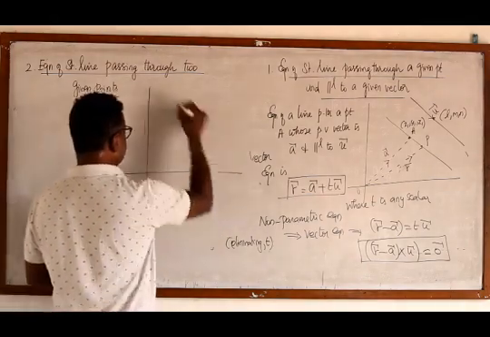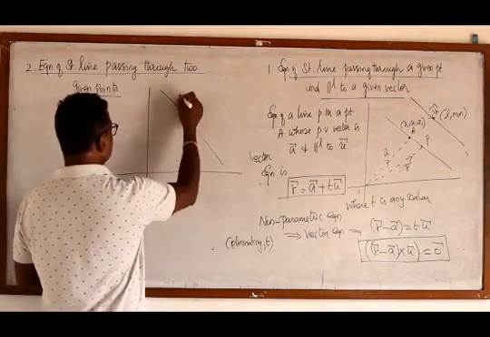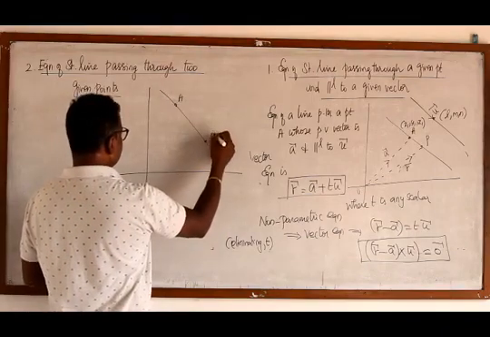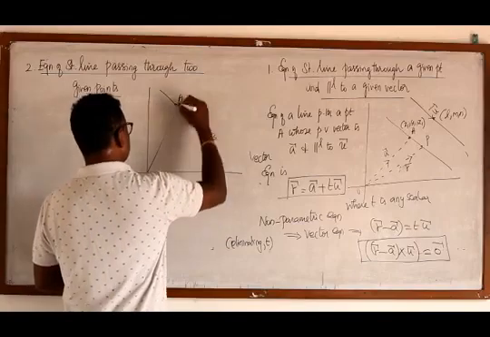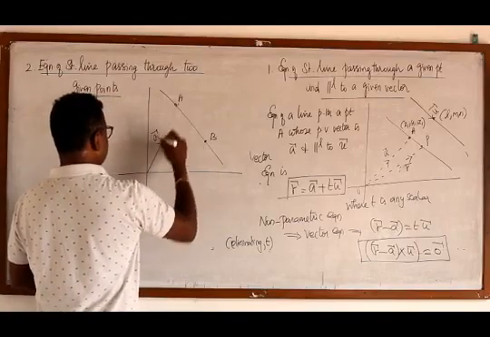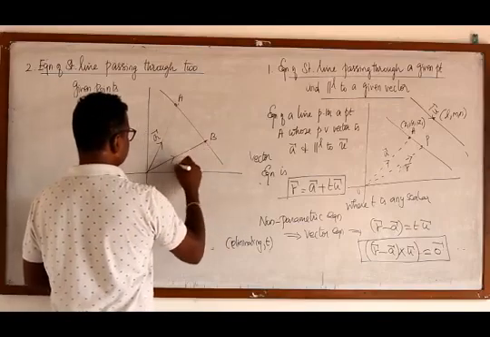I am having a straight line passing through 2 points A and B, whose position vector of A is kept small a, and the position vector of B is small b.